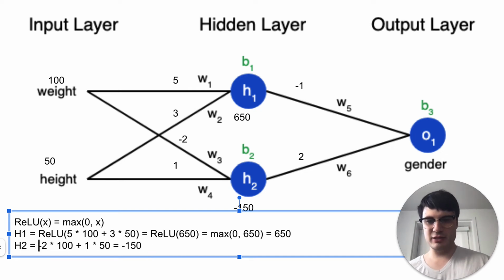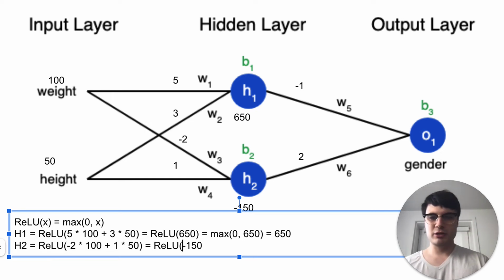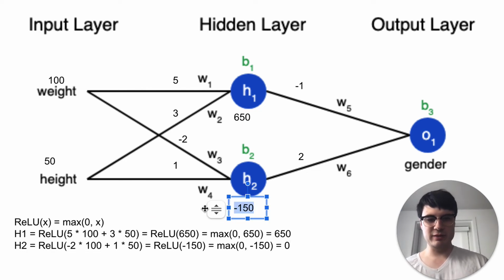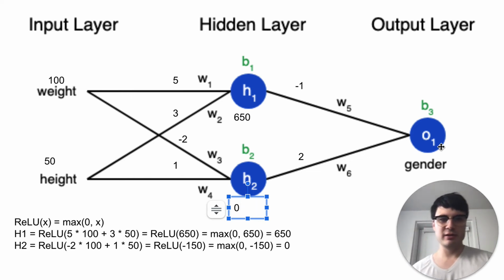In the case of H2, however, we have ReLU of negative 150, which is the max of 0 and negative 150. So that comes out to be 0. So the value of H2 is not negative 150, but because we apply ReLU activation, it is 0.